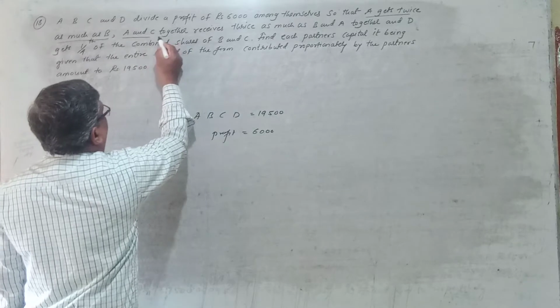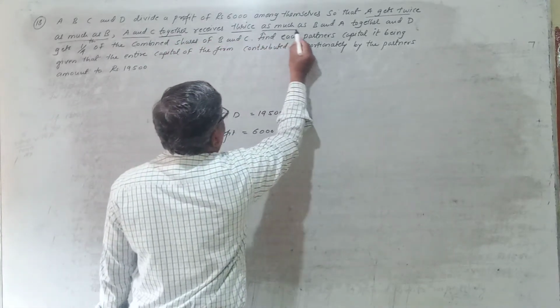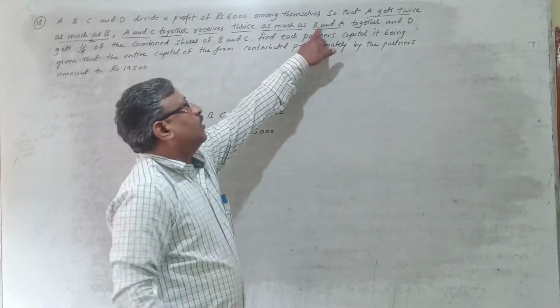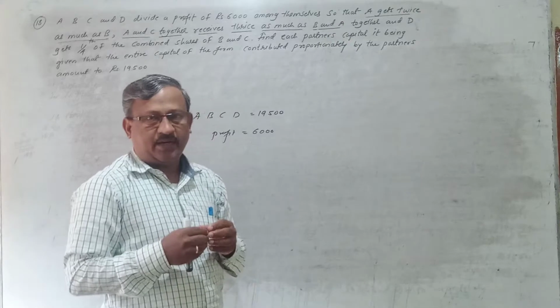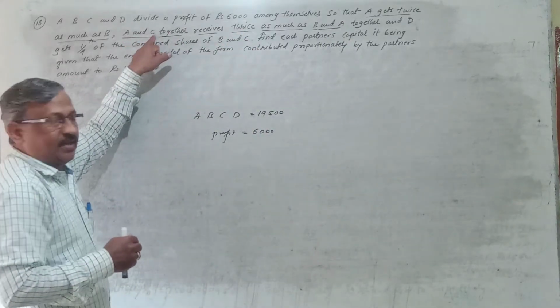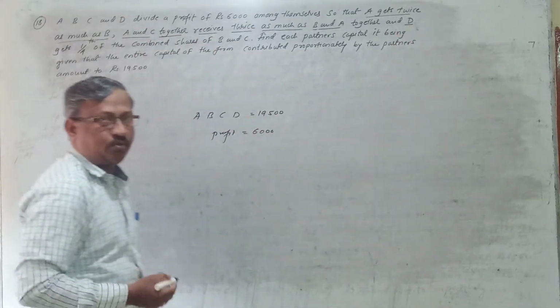Then what they have said? A and C both together receive thrice, 3 times as much as B and A together. Means what B and A together are getting, of that 3 times A and C is getting. And D is getting 1/4. Right? How D is getting?